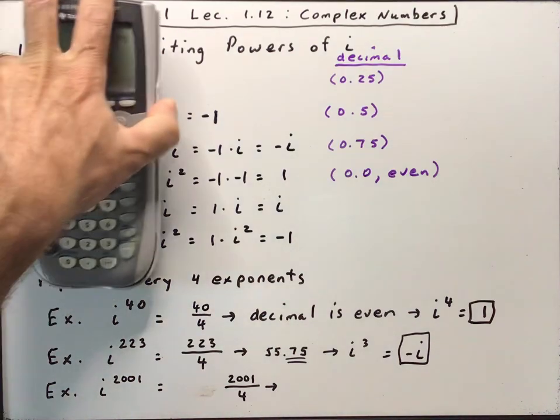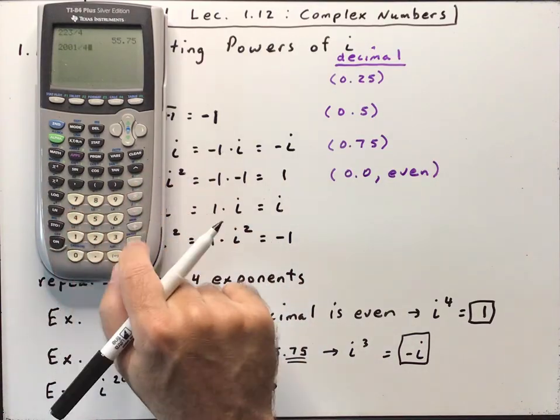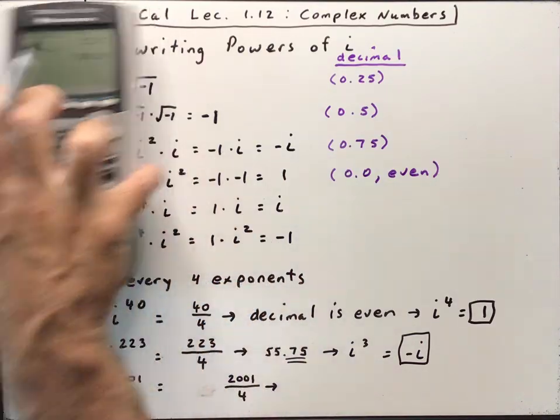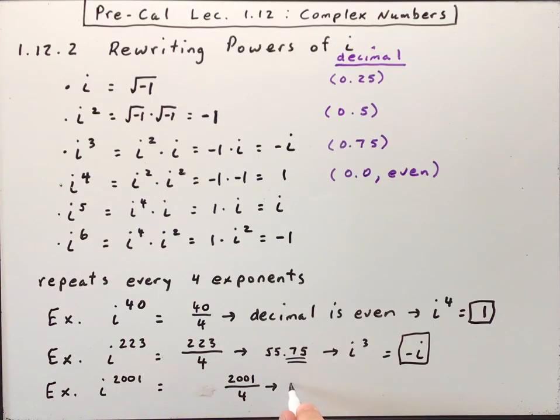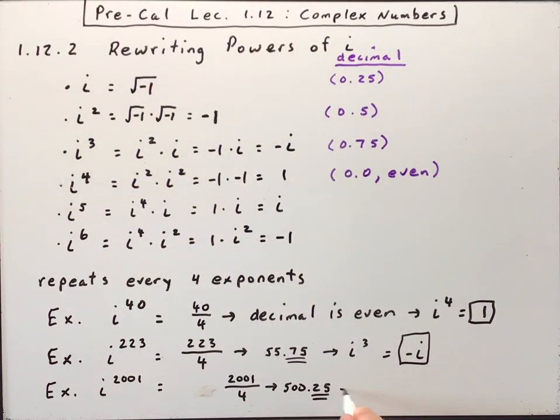So 2001, A Space Odyssey, divided by 4 is 500.25. Don't care about the 500, only the 0.25. Well, 0.25 corresponds to i. All right, and there's really nothing more you can do with that. It is i. So i to the 2001 is just i.